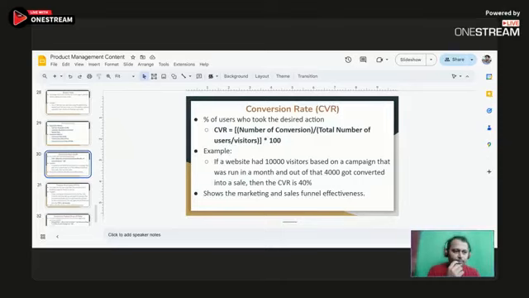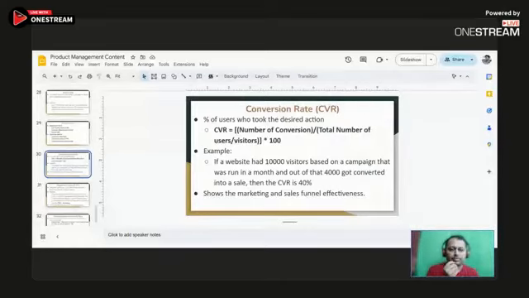When it comes to conversion rate, based on the campaigns that you run, be it for your website or for your product, what percentage of users took the desired action out of the total users who are part of the campaign?